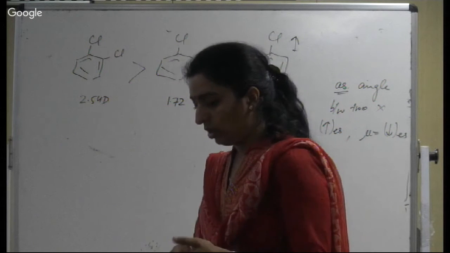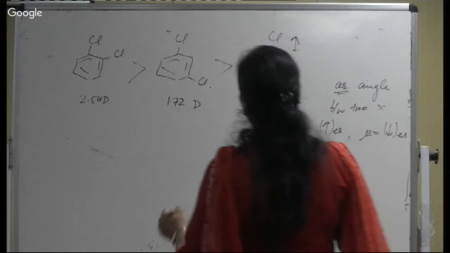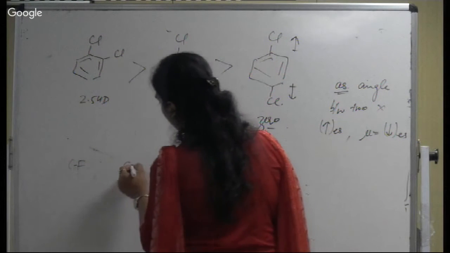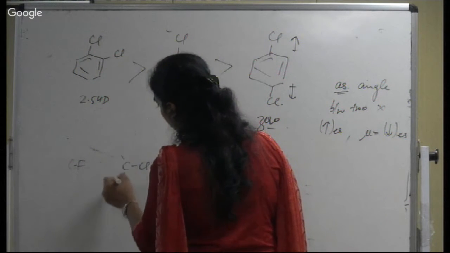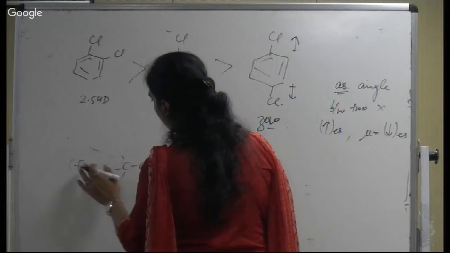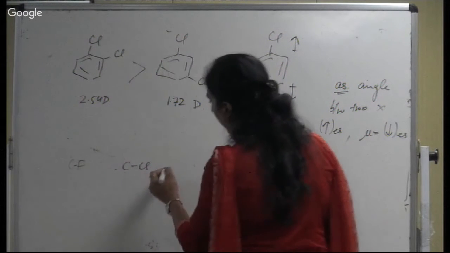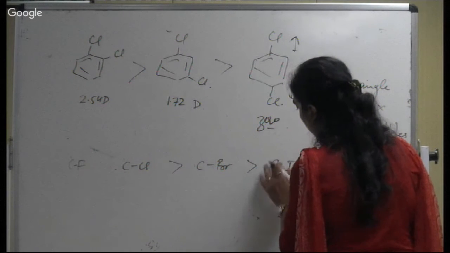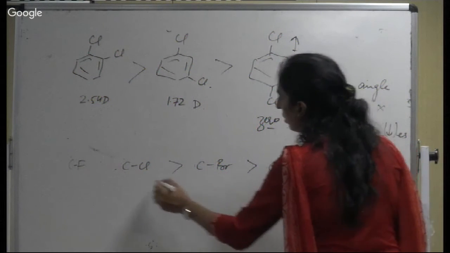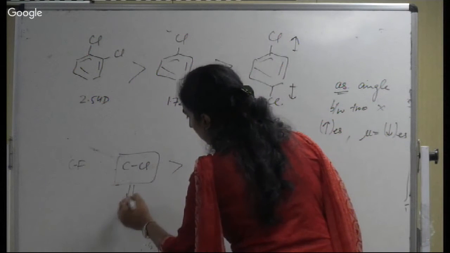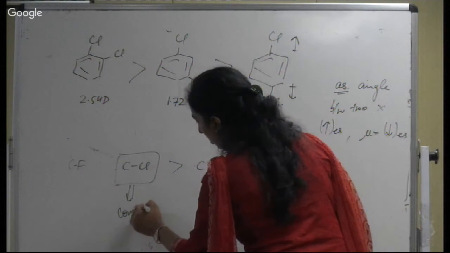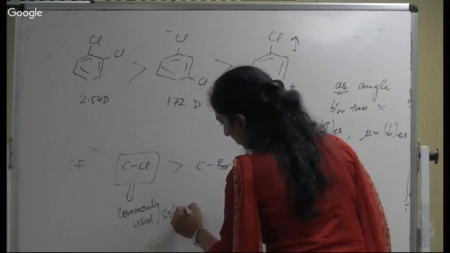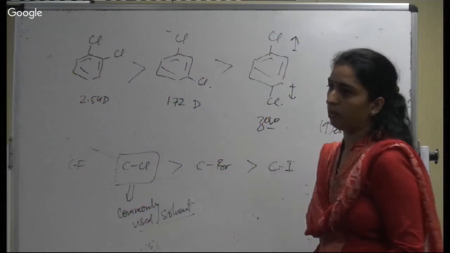The stability is of this order. Chlorides are more stable in comparison to bromides or iodides. So that is why we use chloride as a solvent, because they are more stable.